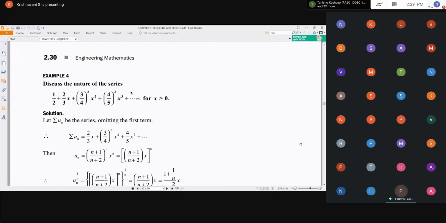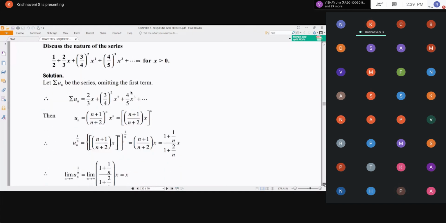We can write x to the power 0, the first term, 1 by 2 into x to the power 0. They did not include that 1 by 2. You can check fully.